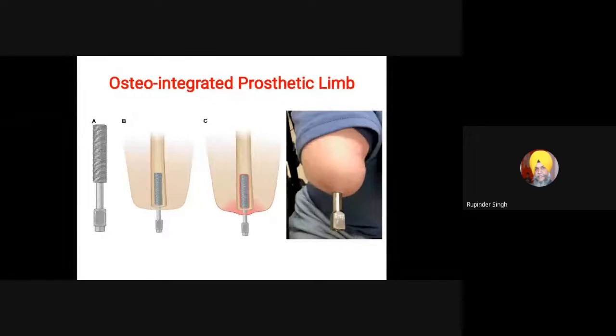So this type can be done, and this stem, as shown in A, can be prepared as per the patient's needs, as per the stump left after the amputation. On the right side, the image shows the surgically healed patient with the implant in place.